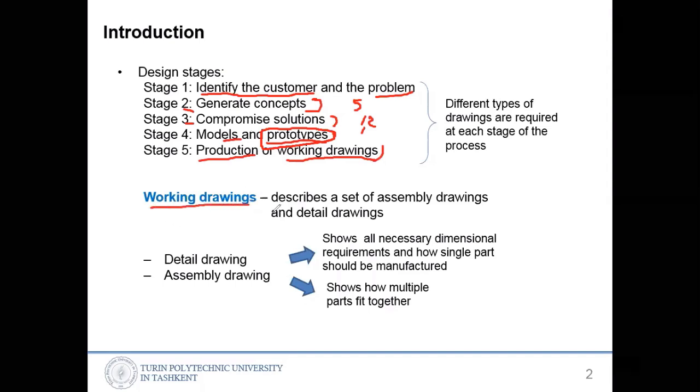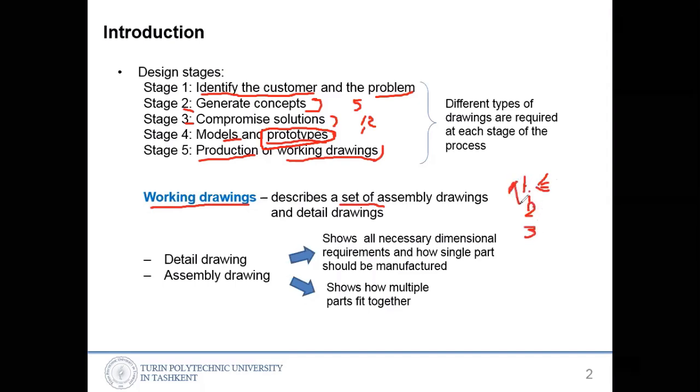The term working drawings stands for a set of assembly drawings and detail drawings. It includes many assembly drawings, and each assembly has its own parts. So assembly number 1, assembly number 2, assembly number 3.